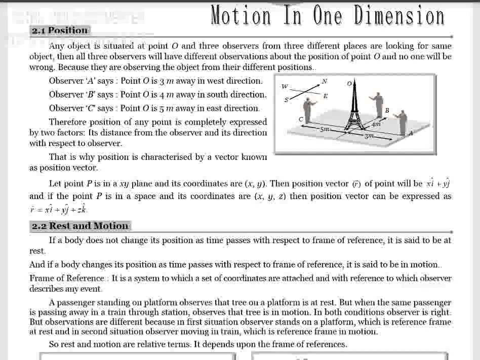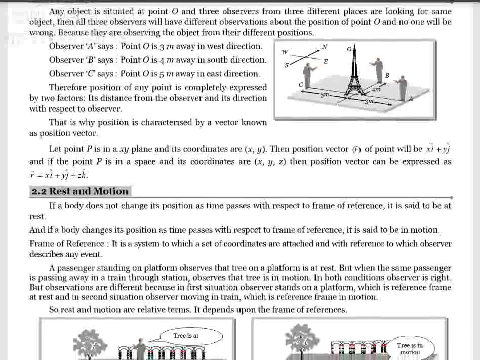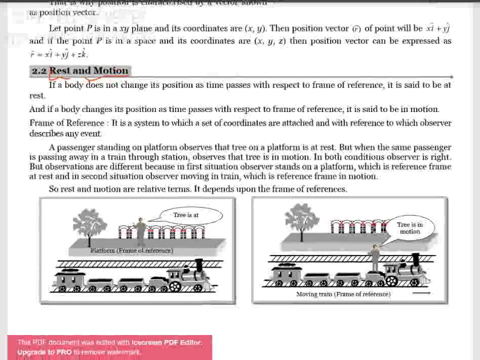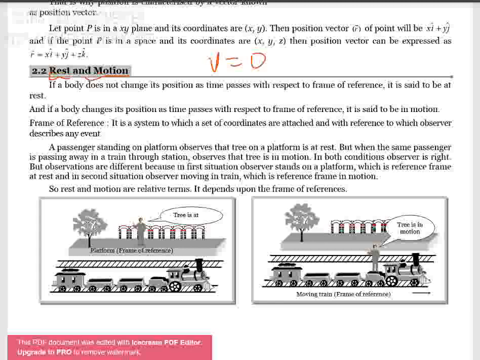First, let us see what is the definition of rest and motion. What we mean by rest and motion? When we say at rest, the velocity of the object is what? Zero. That means the object is not in motion, or the object is not moving, that means stationary.